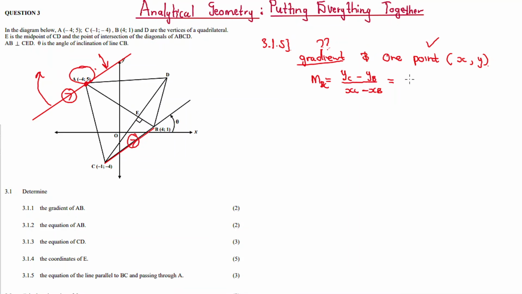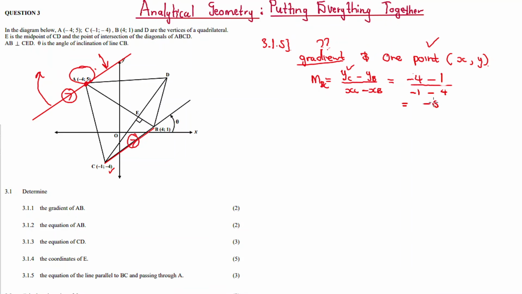So YC is negative 4, YB should be 1, not 4. And then XC is negative 1 minus XB, that's 4.